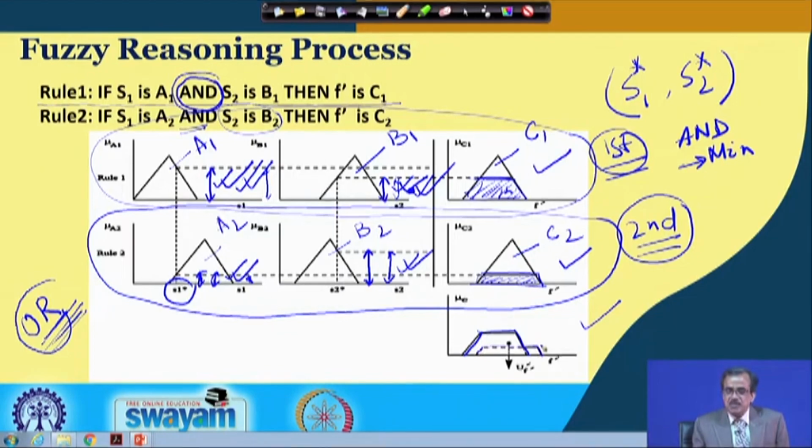Now, if I try to find out what should be the combined control action, the output of the combined control action is decided by this particular output. So, this is the area that indicates the combined control action considering both the fired rules. This is the way we combine the output of the two fired rules using the OR operator.